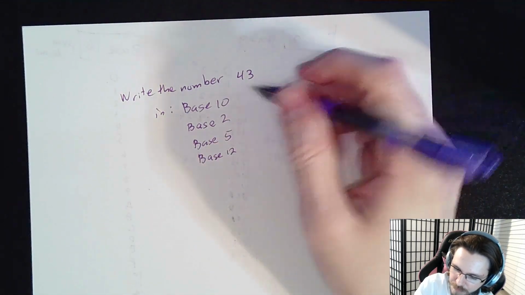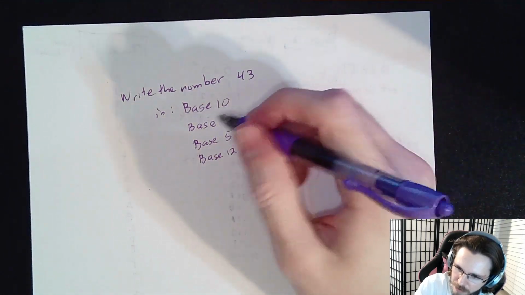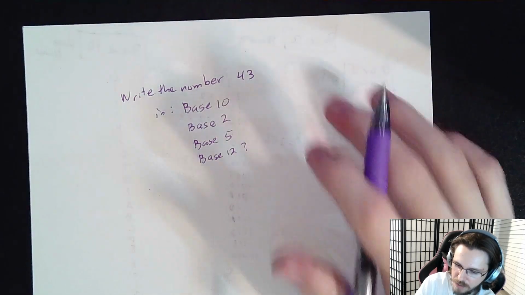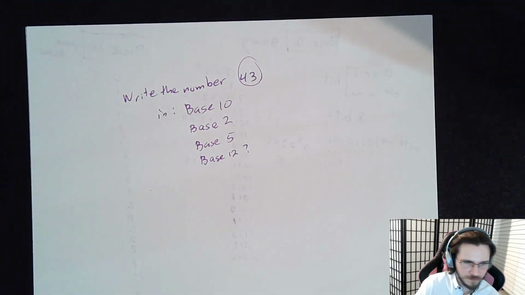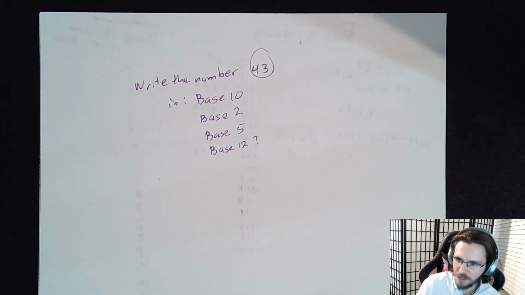I'm going to put a little question mark on that one really quick. And let's just do that: base 10, base 2, base 5, and base 12. So base 10, you're done. That's 43. No real extra thinking involved.